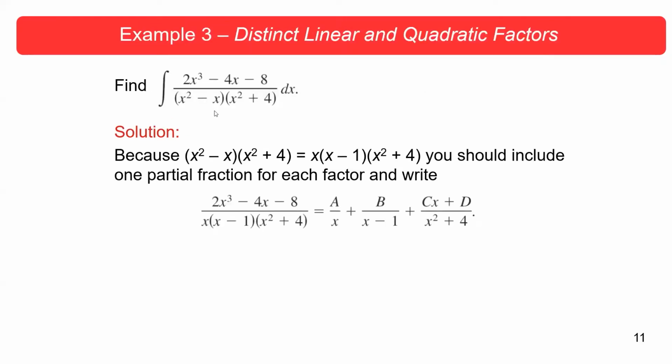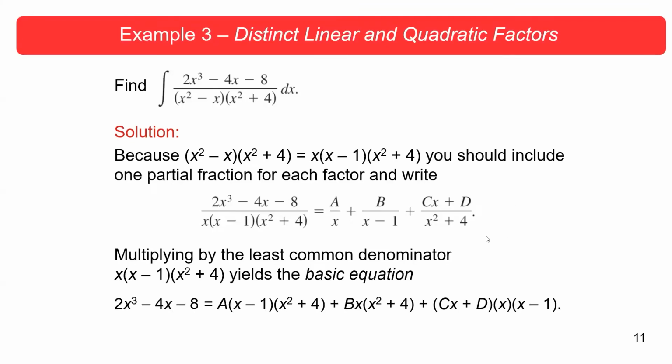This one for quadratic factors, it just shows that for each of the denominators again, there is one term. However, look at this. This one's an irreducible quadratic. For a quadratic that cannot be reduced, you will have two letters on top.